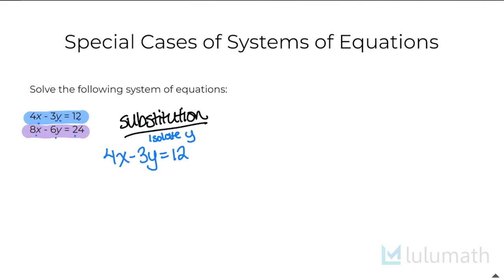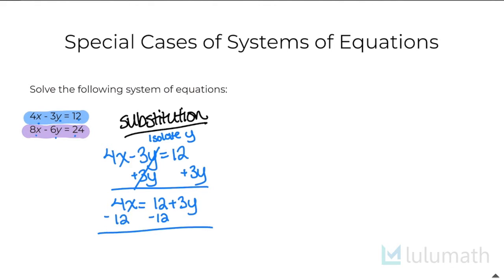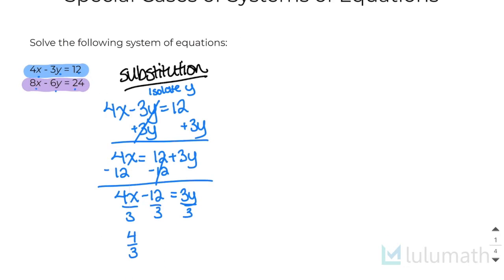And in order to do that, I would prefer to add 3y to both sides to make the 3y positive. So I end up getting 4x equals 12 plus 3y. Okay, then I would subtract the 12 from both sides, and I would end up getting 4x minus 12 is equal to 3y.